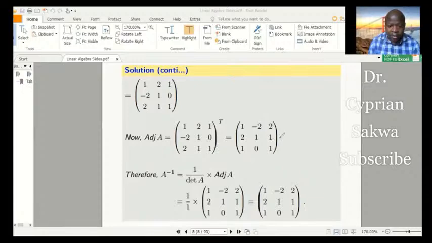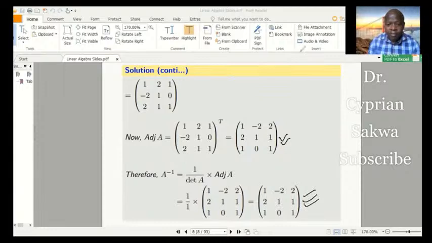So this is the adjoint of our matrix. Now, what is the inverse? The inverse of A is 1 over the determinant times the adjoint. Remember our determinant was 1, so times the adjoint, the same adjoint is the inverse. So this is the inverse of matrix A.